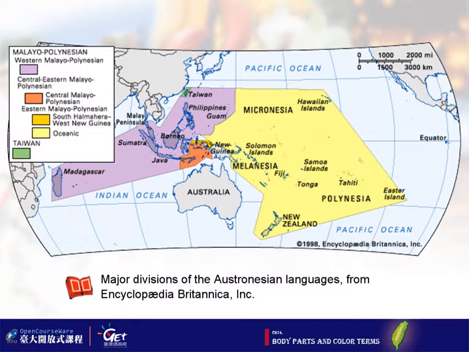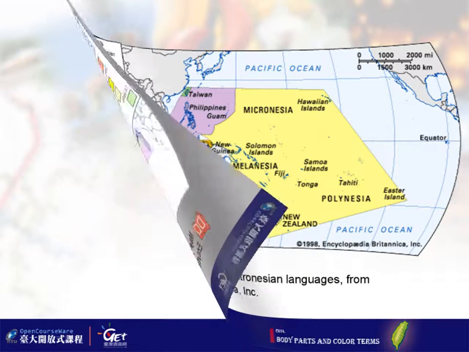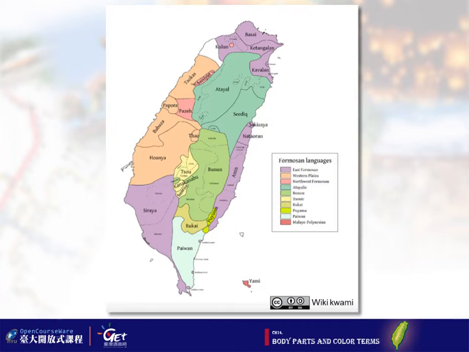Some consider that it can be subgrouped into 10 different subgroups of sub-languages. And one piece of research showed that there are 4 different types of language family, okay? 4 branches. Of all these Austronesian languages, we could subgroup them into 4 branches, and 3 of them are in Taiwan.